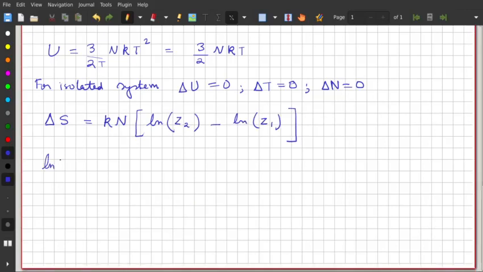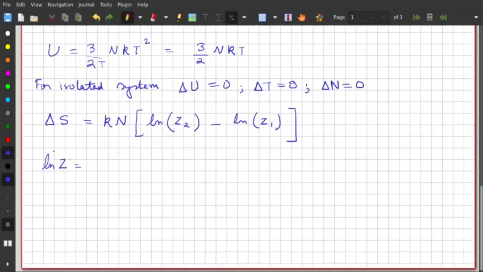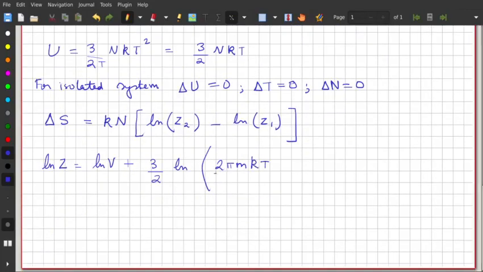And the logarithm, we've seen, is log V plus 3/2 log (2 pi m k T by h squared).